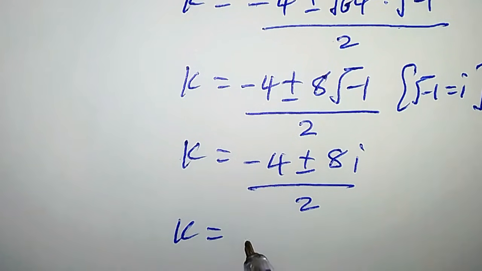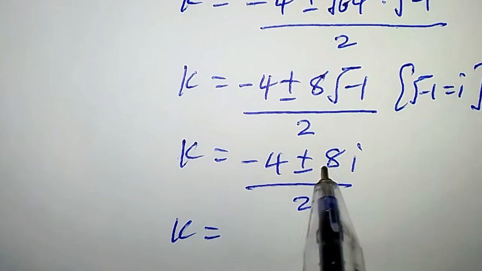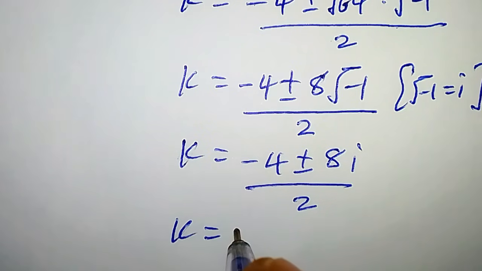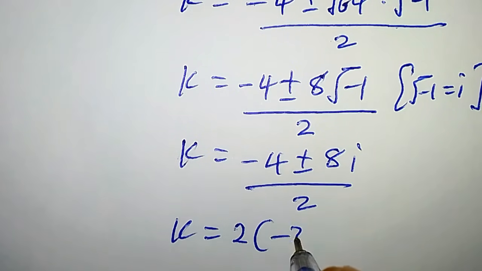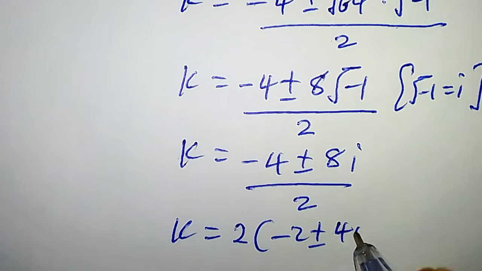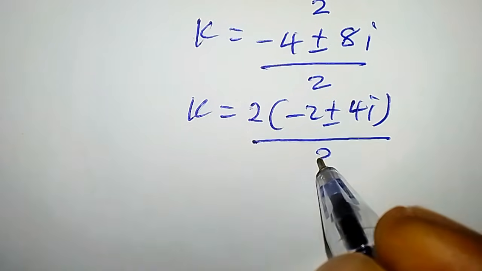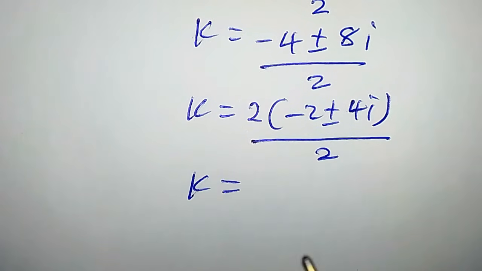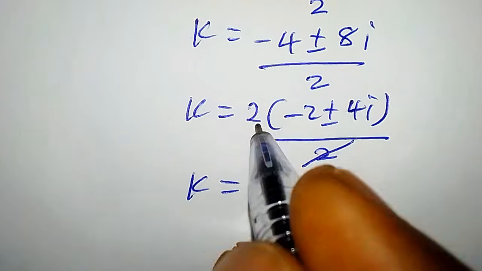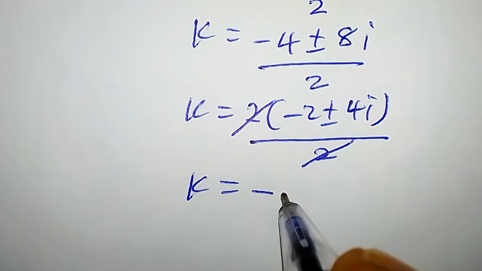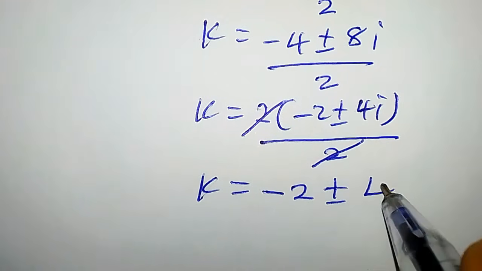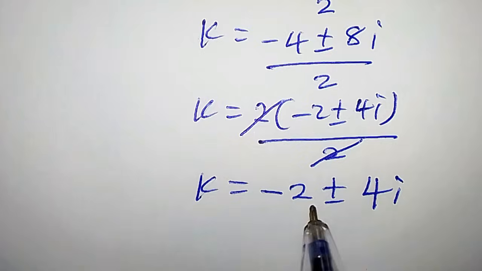K is equal to, you will observe that we can factor out 2 from this numerator. So that will be 2 into minus 2 plus or minus 4I, divided by 2. Clearly, 2 cancels 2, we are left with minus 2 plus or minus 4I. This is another solution.